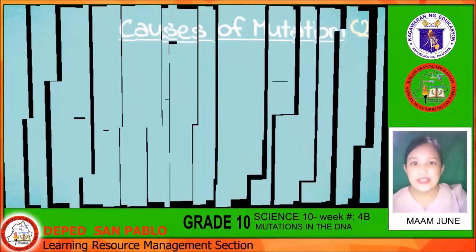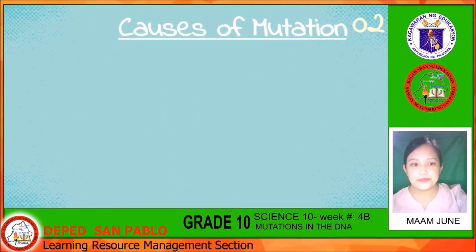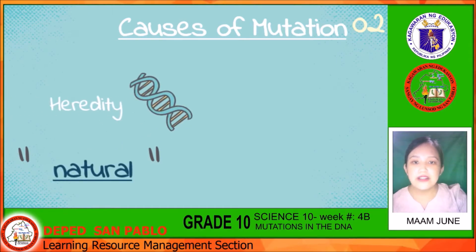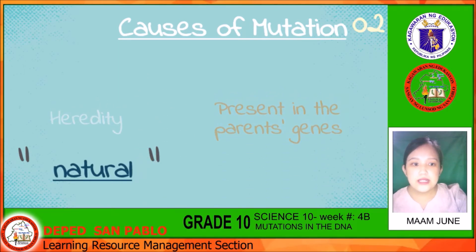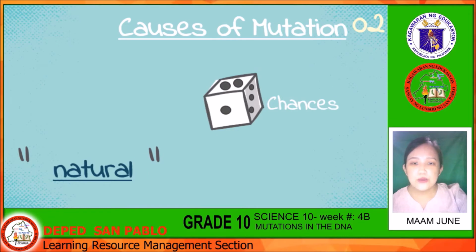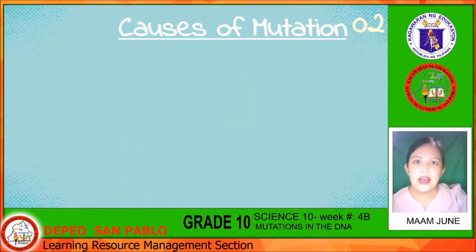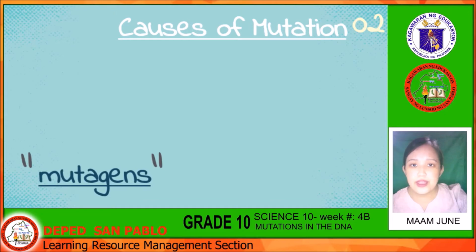What causes these mutations? Mutations can occur naturally. This can occur upon inheriting certain mutated genes from the parents' genes. Some come through chance, which is of course rare and uncontrollable. However, there are substances that can induce these mutations. They are called mutagens.